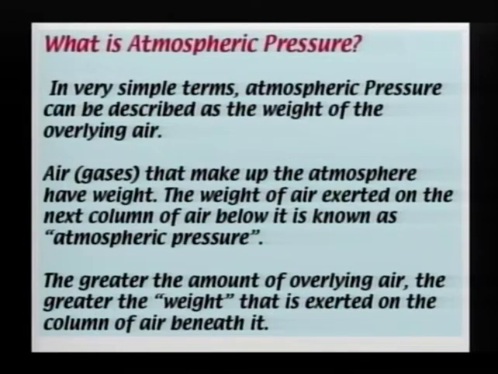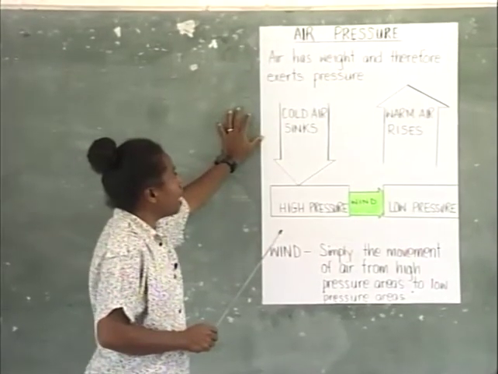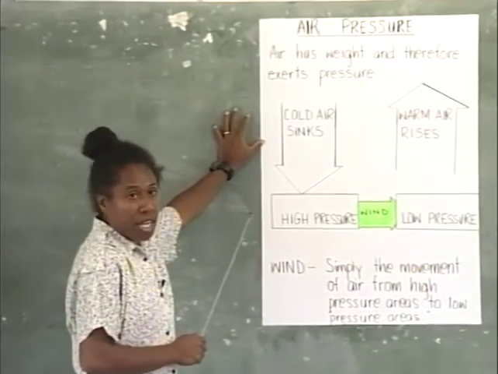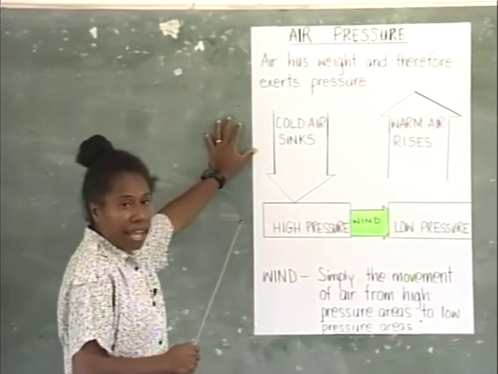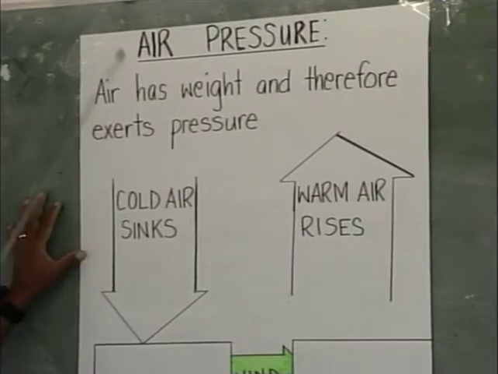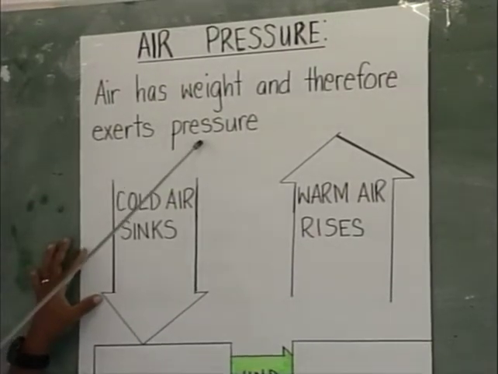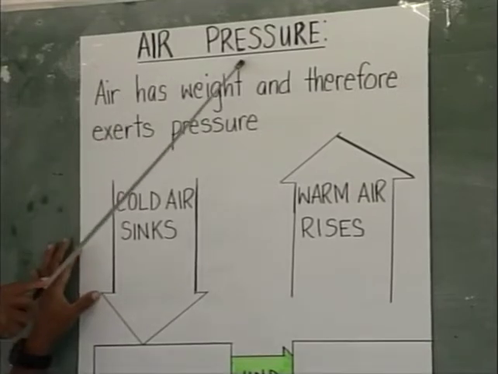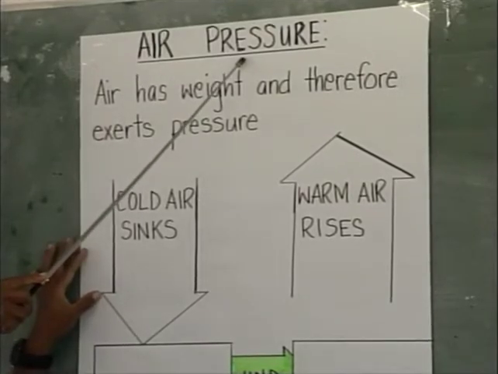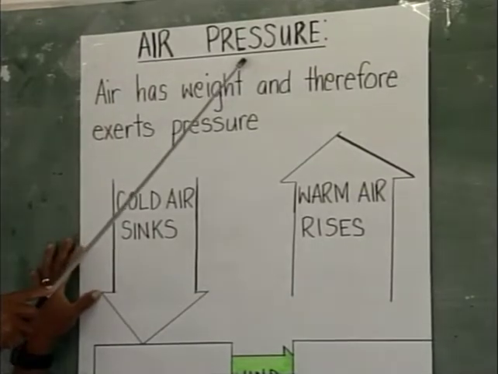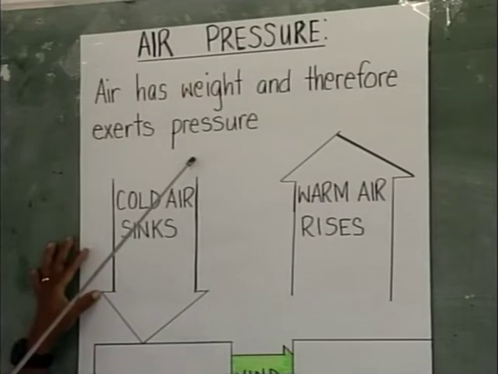From the chart, we note that the gases or the air around us in the atmosphere have weight. And because the gases or air have weight, they will definitely exert pressure. So when we talk about air pressure, it is basically the amount of weight exerted by air on a particular area.